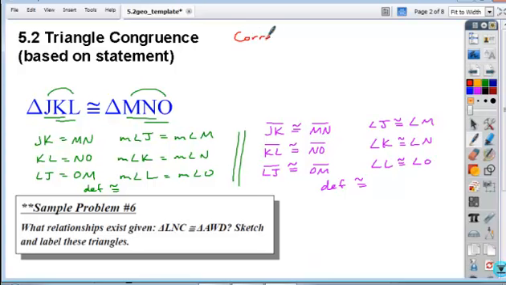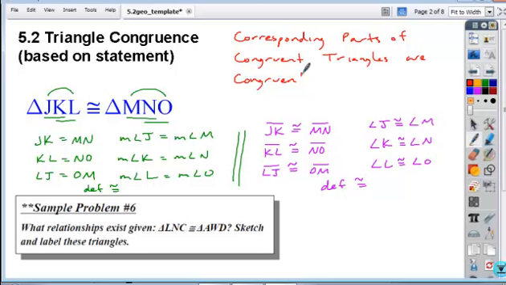So we know the following relationship holds true for congruent triangles. Corresponding parts of congruent triangles are congruent. So this is a statement that is true. We can see it based on these statements here.